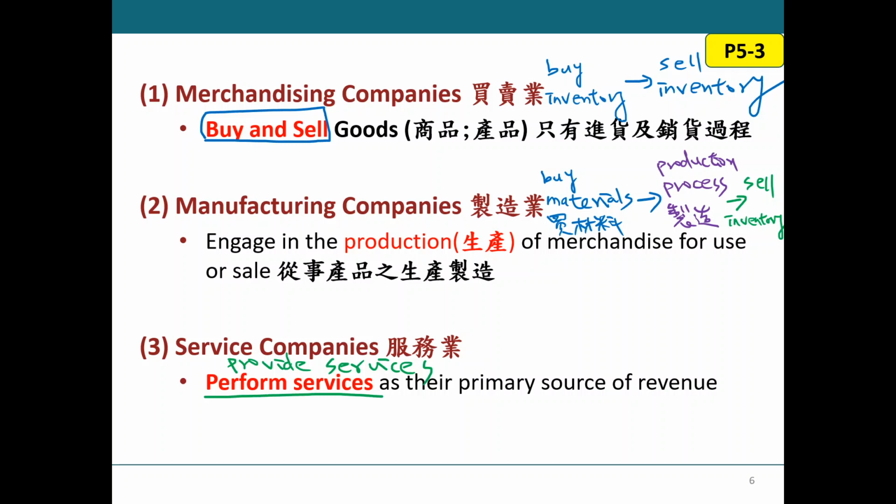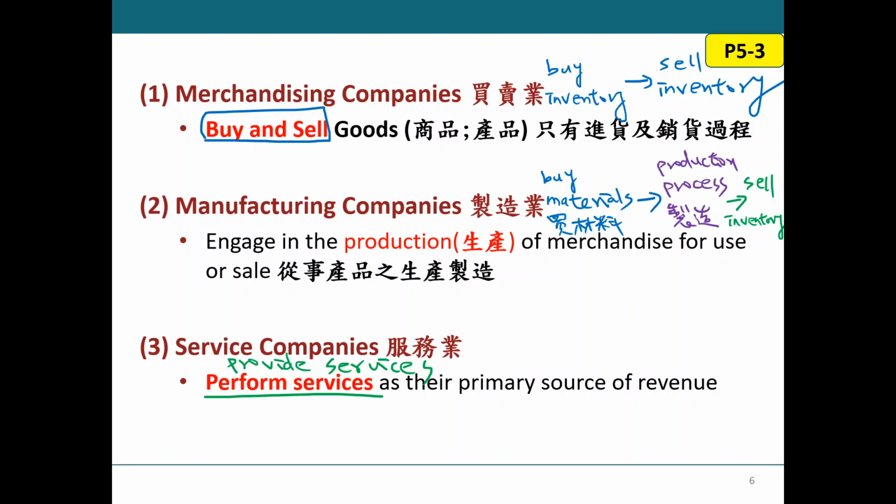We don't have inventory. Which one we don't have inventory? Service company, right? Service company, we provide the service. We didn't sell the product to customers. So for service company, we don't have the inventory.